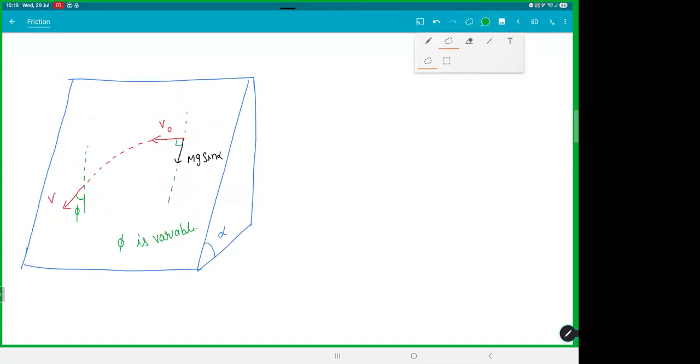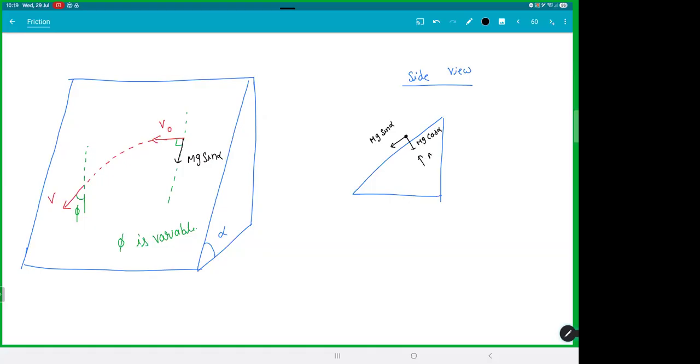The same thing, if you look at it from the side view, it looks like this. This is the coin. You will see this is that mg sine alpha, which is dragging you down. This is mg cos alpha, which gets balanced by the normal reaction.